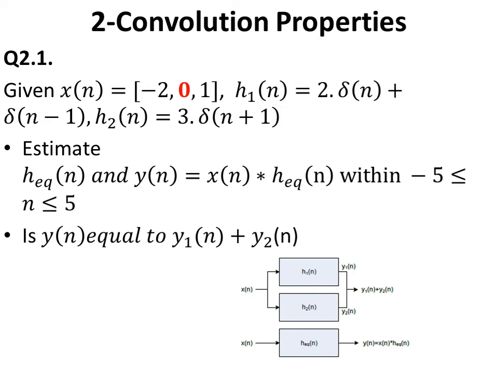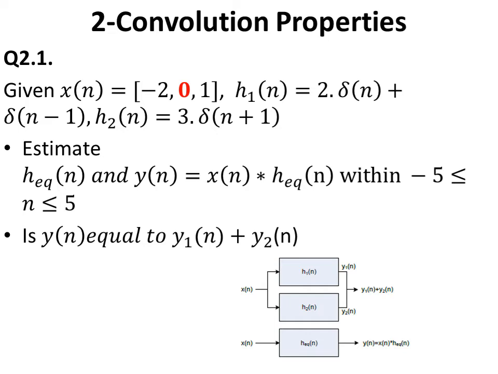In here what you are asked to do is estimate h_eq[n] and y[n], right? So y[n] is equal to x[n] convolution h_eq[n]. So refer to the figure below. In this figure there are two diagrams.